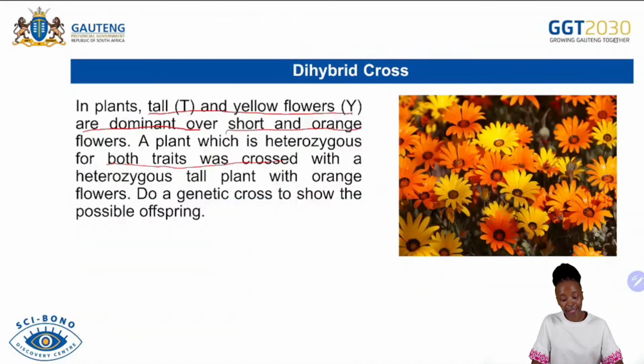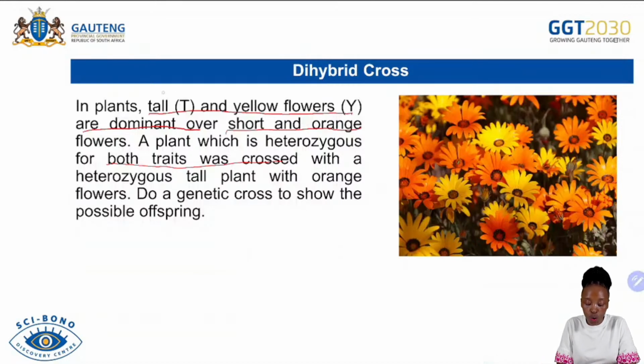Okay, start again. In plants, we're looking at 2 characteristics, the tallness or height of the plant, and also the color of the plant. Those are the 2 characteristics that we are focusing on. We are told that tall is dominant over short and yellow is dominant over orange.